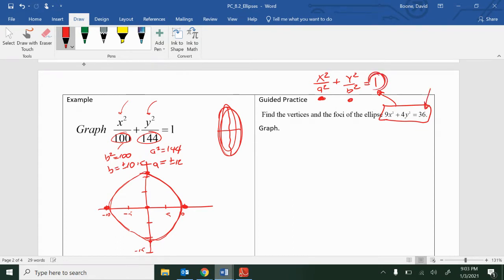It is not. So I'm going to divide everything by 36. If I reduce that fraction, I would get x squared over 4 plus y squared over 9 equals 1.